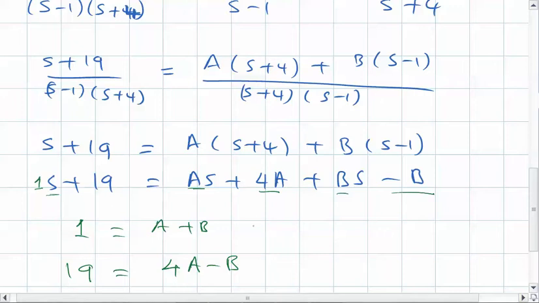Right, so now from the top line I can say that b equals 1 minus a. If I plug that in to the second equation, I'll get 19 is equal to 4a minus 1 minus a.